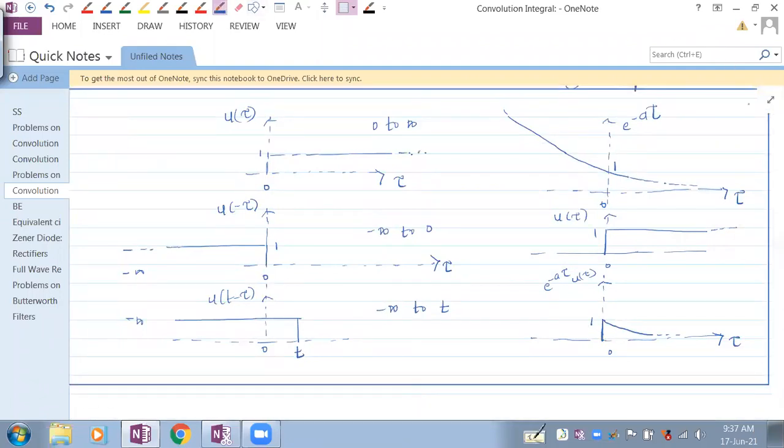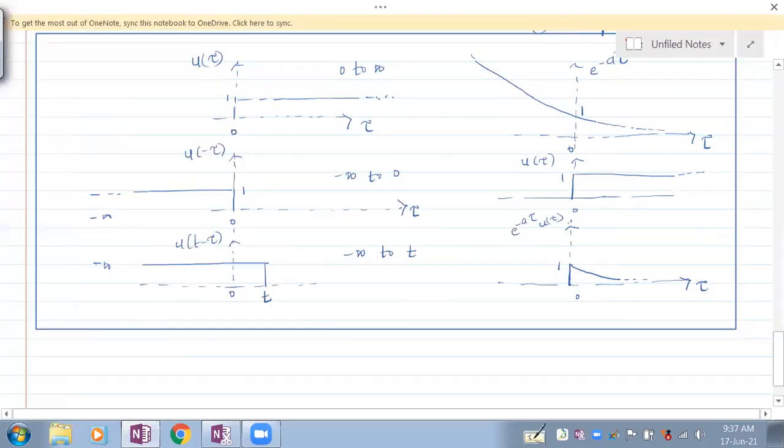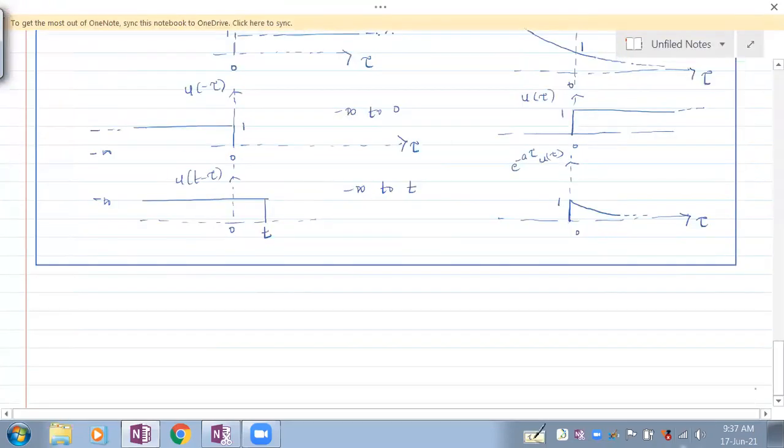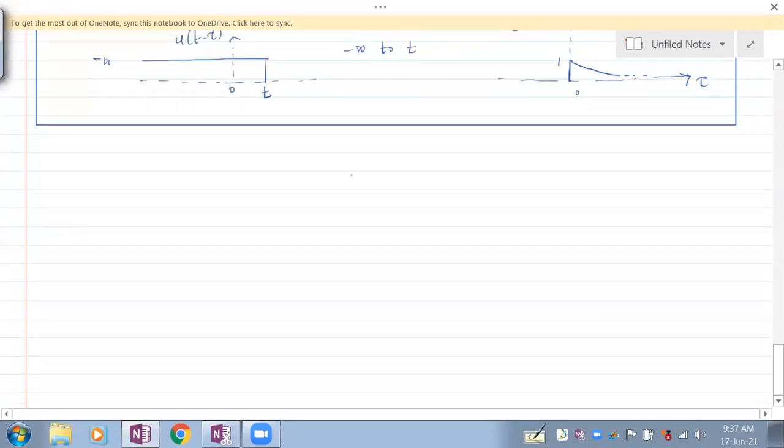Fine. So let's go with sketching this and see how the convolution integral would look like. The first signal that I need to have is the stationary signal. Sorry, it's not 1 from 0 to infinity. It is e power minus a tau into u of tau.